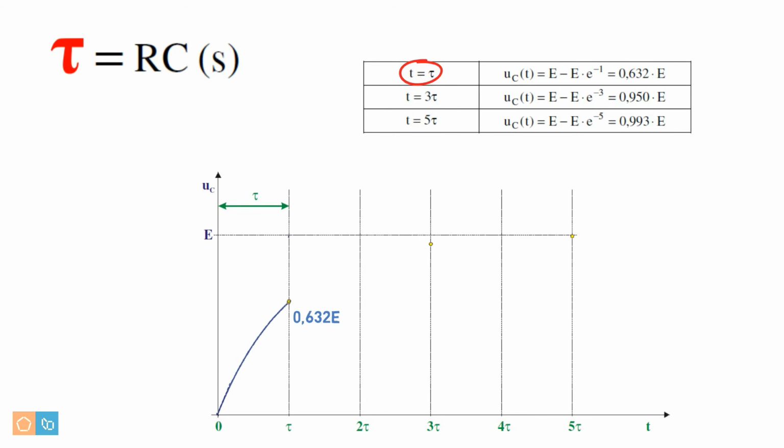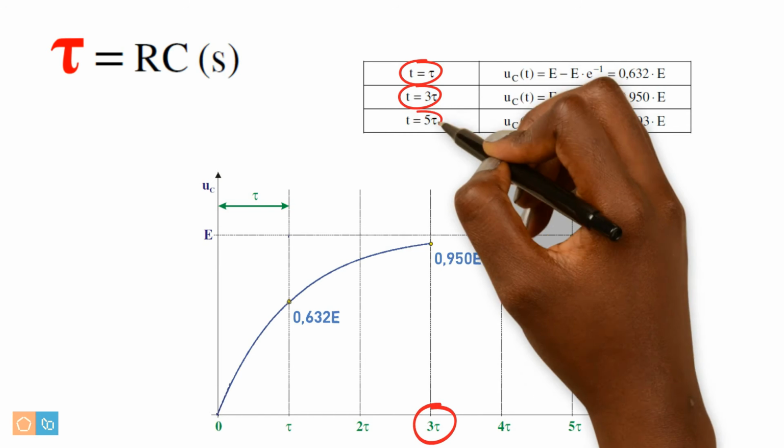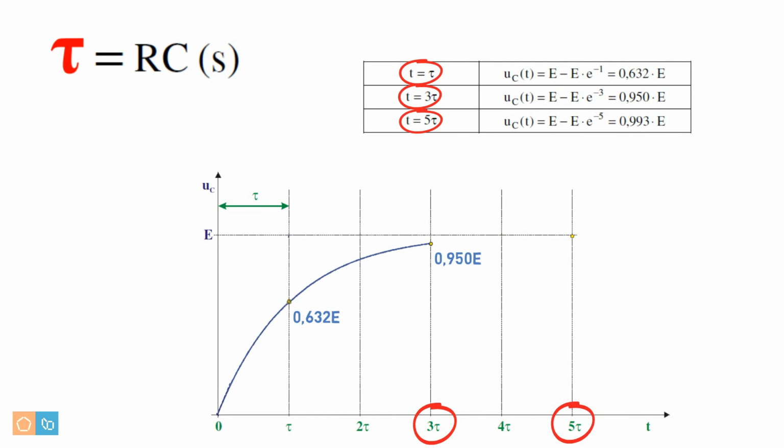After 3 times tau, the voltage across the capacitor reaches 95% of E, and after 5 times tau, it reaches 99.3% of E.